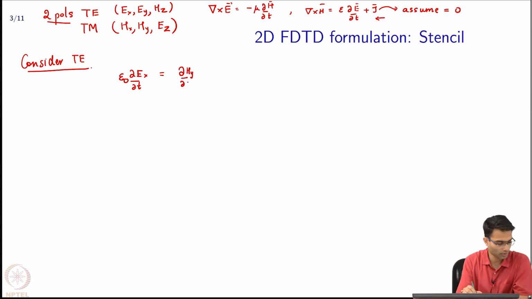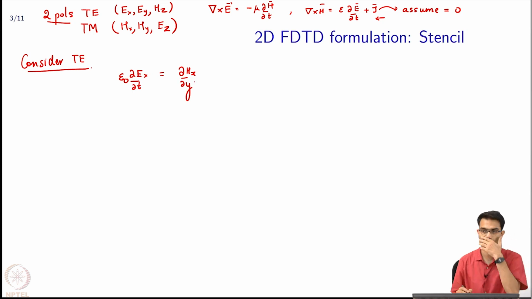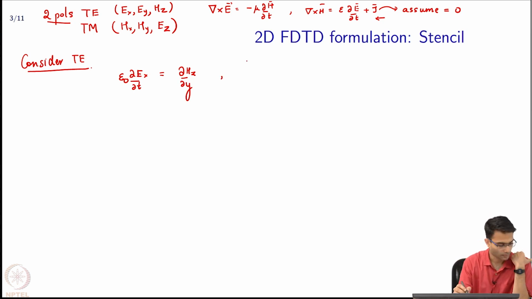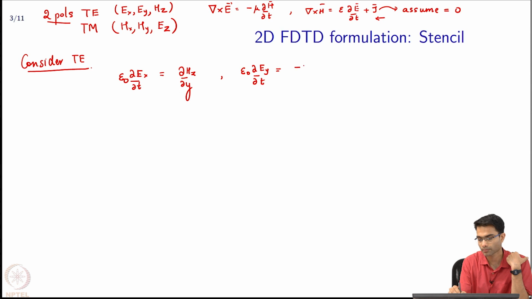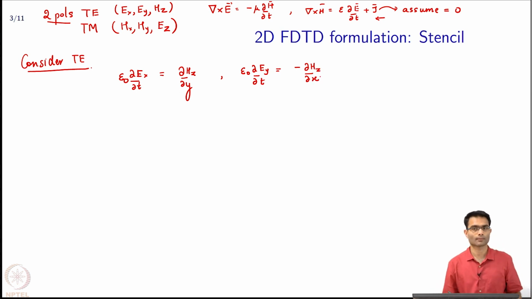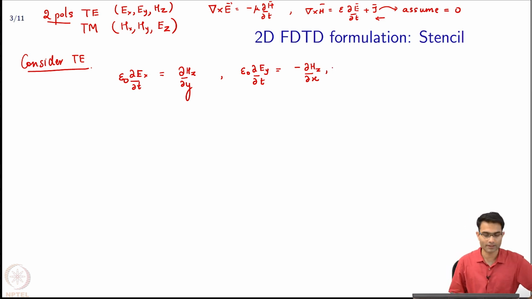You can work it out, right. It won't be Hy, it will be Hz. Then I get the y part of this equation, again time derivative, I will get a minus dHx by dz, again this is z x. Okay.